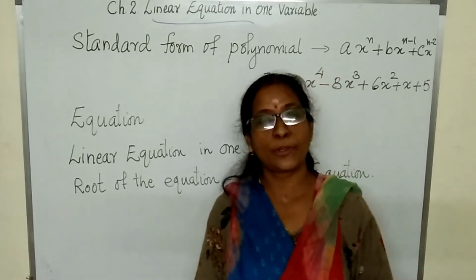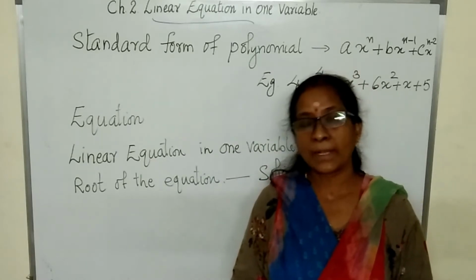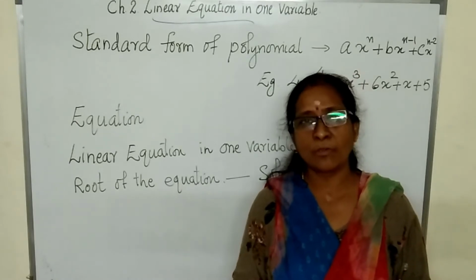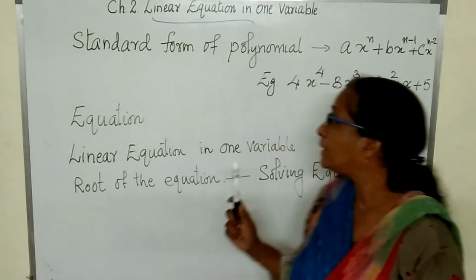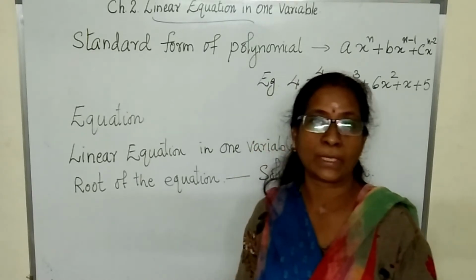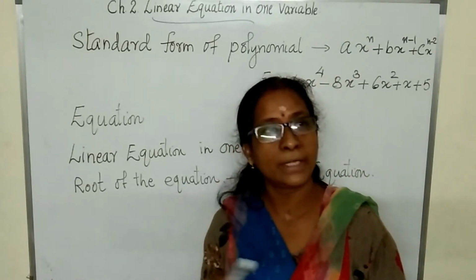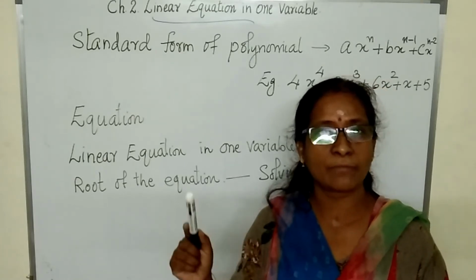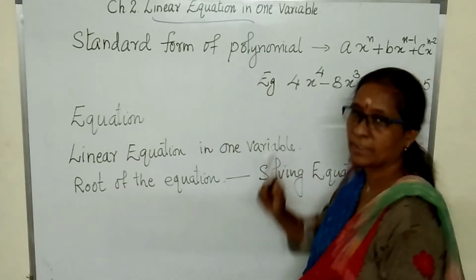We discussed that a polynomial may have one term or many terms. Okay. And we also learned that the power of the variable may change. It may have different powers. Each term will have different powers. So what is the standard form of a polynomial? When we write a polynomial with increasing order of the power or decreasing order of the power, it can be in any one form, either increasing way or in decreasing way, then it is called the standard form of a polynomial.